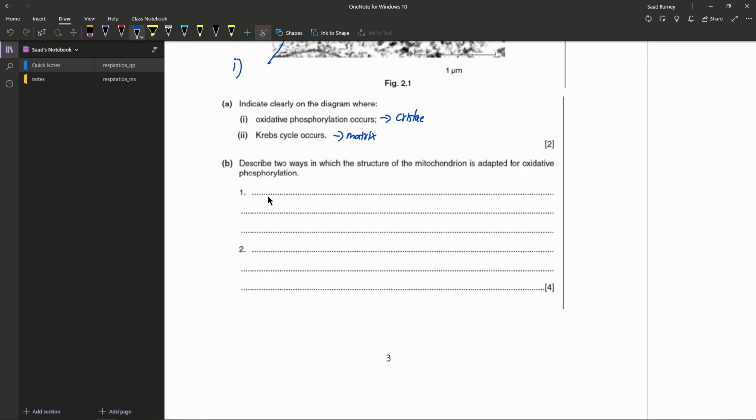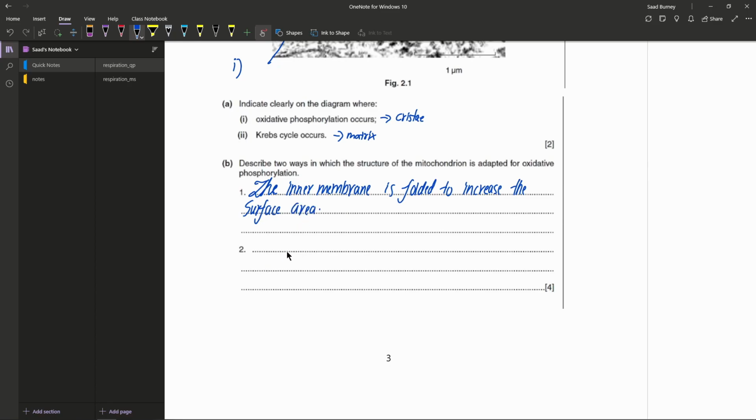So, the inner membrane is folded to increase the surface area.